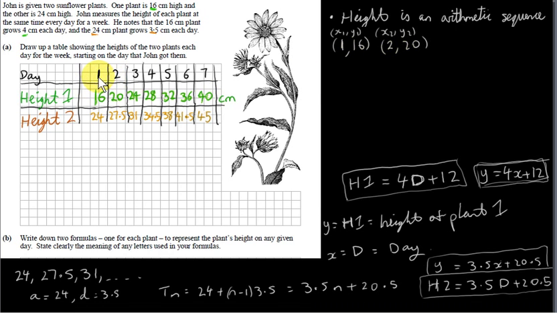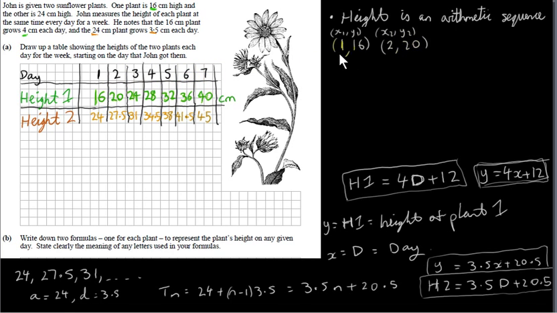So if the horizontal or x value for the graph is the day number and the y vertical value is the height of plant 1, then we could pick, say, the points (1, 16) and (2, 20) and get the equation of the line passing through those 2 points. The line passing through these 2 points will also pass through the points (3, 24), (4, 28) and so on, because the height increases linearly with time. We're just adding the same amount on. So the equation is actually a straight line.